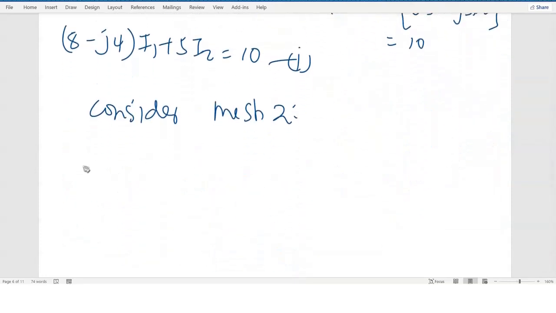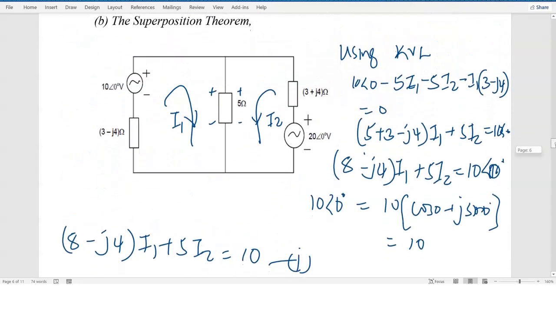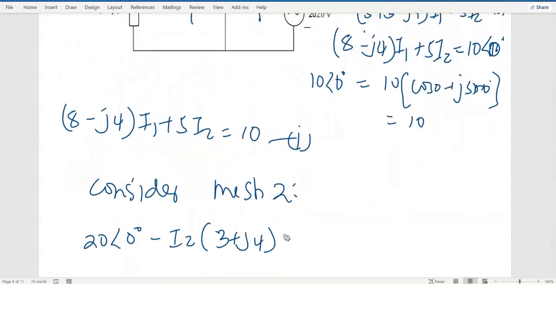So we have 20 at an angle 0 degrees minus the current this side, I2, times 3 plus j4. Then obviously we shall have minus 5 I2, then minus 5 I1, and this is equal to 0.